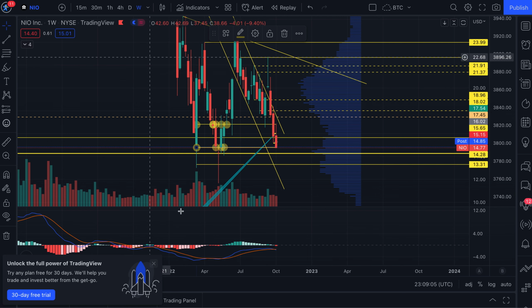Actually, let's see exactly how far back this level goes, because it's pretty important as far as I can remember. It's got a couple more touches there, but before I mark those, just because I remember from watching this chart quite a bit, I'm pretty sure that this thing goes even further.